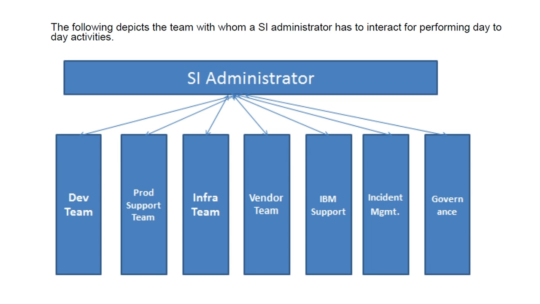The second team that you would be interacting with is your production support team. The production support team is typically responsible for different kinds of issues that come up in production, like some kind of BP failure, or business process failure, or maybe a translation failure. There are different kinds of failures that may happen within the application at runtime.